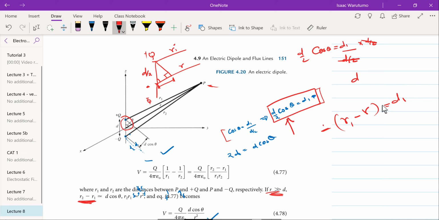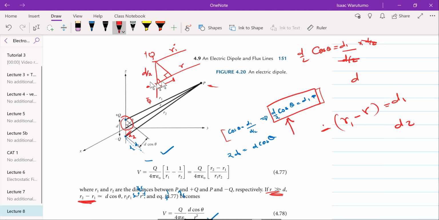So if we approximate the length of d2, the distance between the center of our dipole and, of course, along this r2, this distance is the one that we are going to call d2.